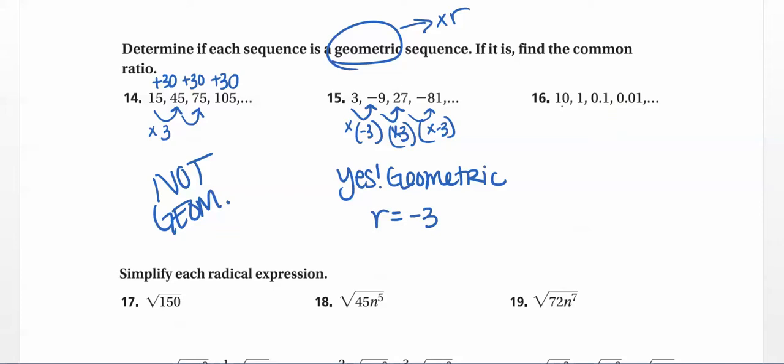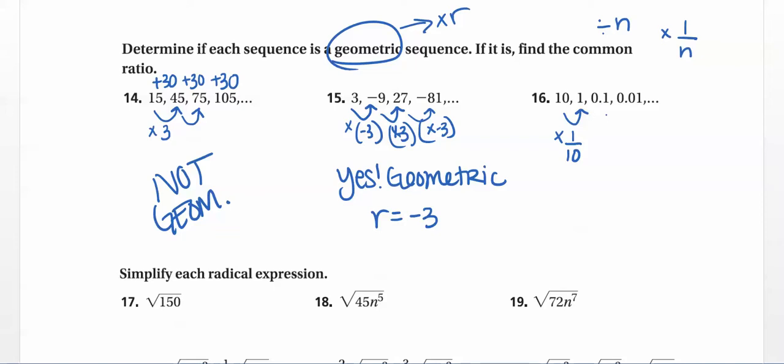Now here, it looks like we're dividing. It looks like we're dividing by 10. Now, that does mean it's geometric, but we can't think of it as dividing. We need to think of it as what we're multiplying by. And what we're multiplying by is 1/10th. Remember, if you're dividing by a number n, you're multiplying by 1/n. It's the reciprocal.